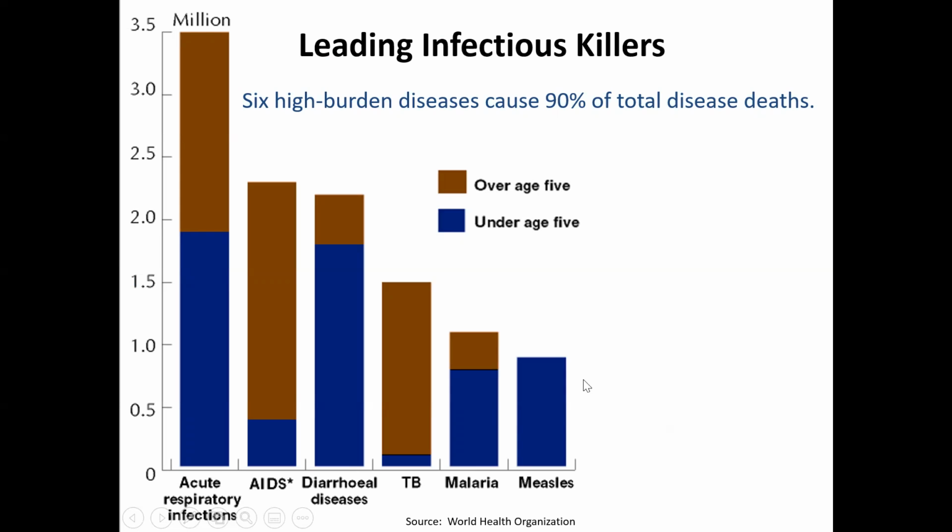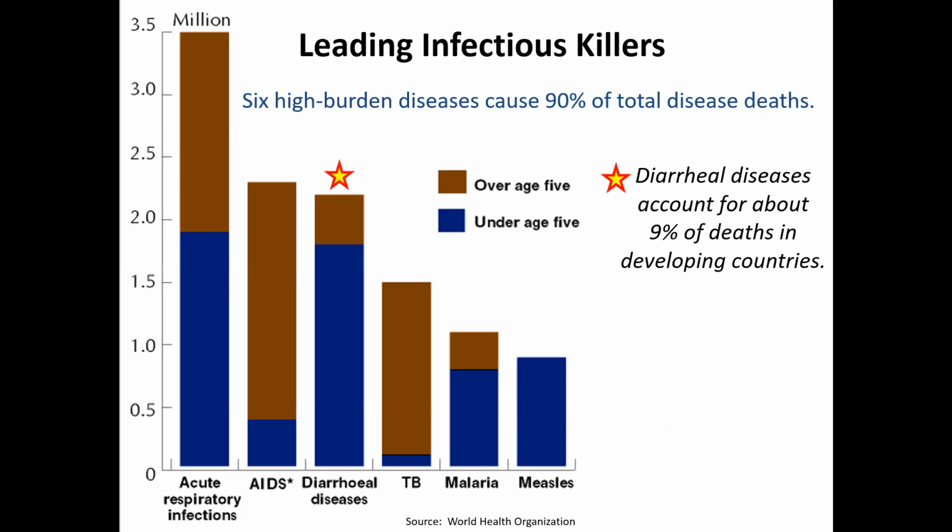But if you take a look at this, these are the 6 leading infectious disease killers, right? And you can see that number 3 is diarrheal diseases. You're probably thinking, whoa, who's dying from diarrhea? Mostly we're talking about kids under 5 in developing countries, right?